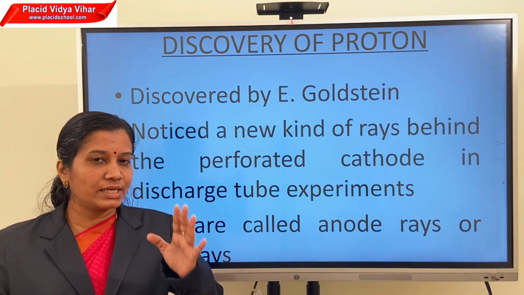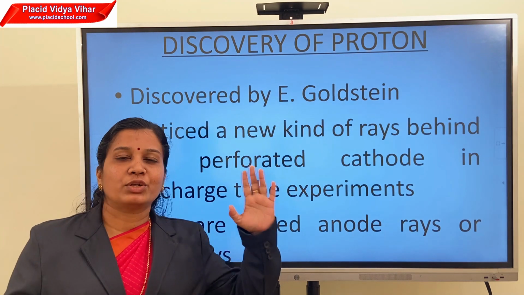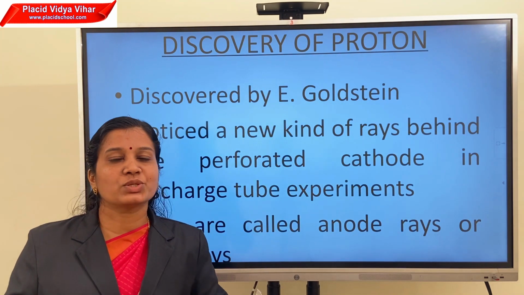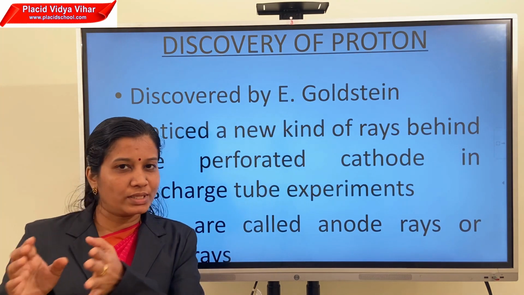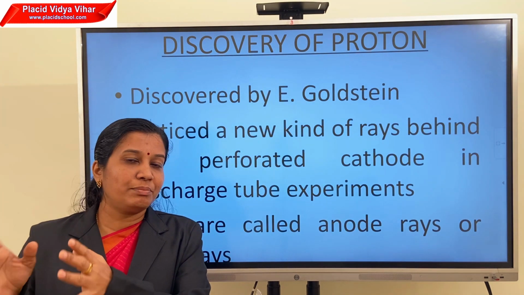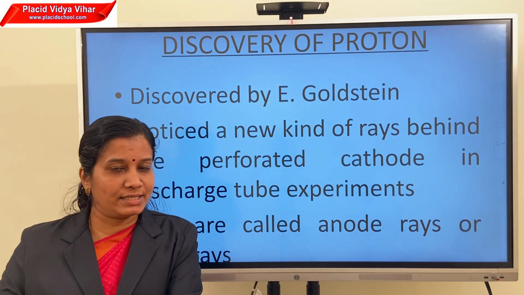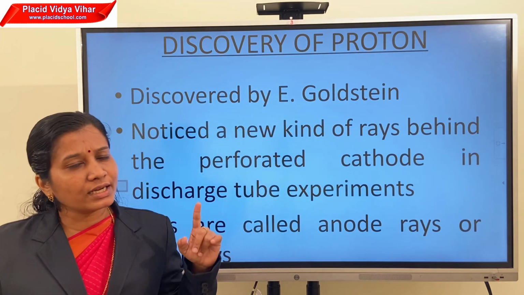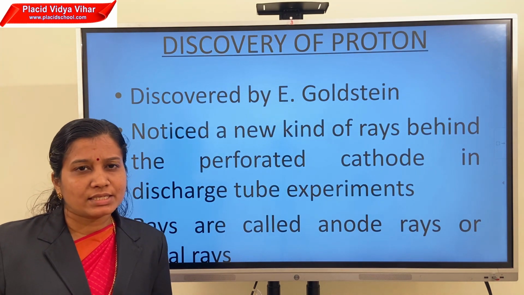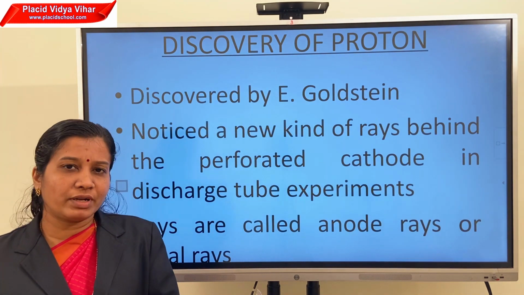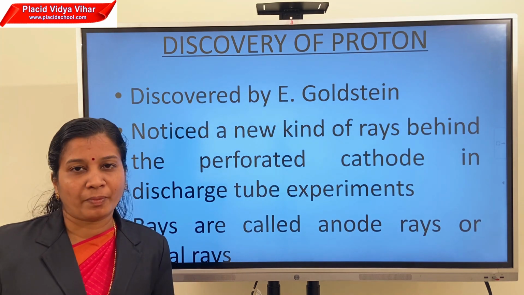Again, two electrodes are there at the two ends, connected to a high voltage source. And again, the cylindrical glass tube is connected to a side tube in order to adjust the pressure variations, etc. So Goldstein conducted the discharge tube experiment and he noticed some rays emerging from the anode.